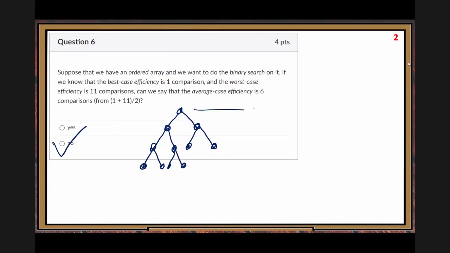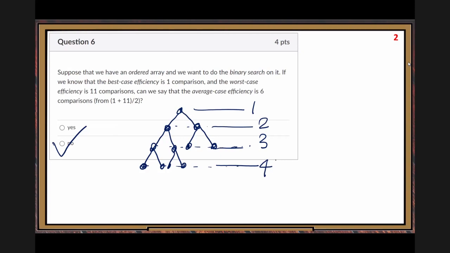For the top level, one comparison, right? The next level, 2 comparisons. Then this level, 3 comparisons. This level, 4 comparisons.